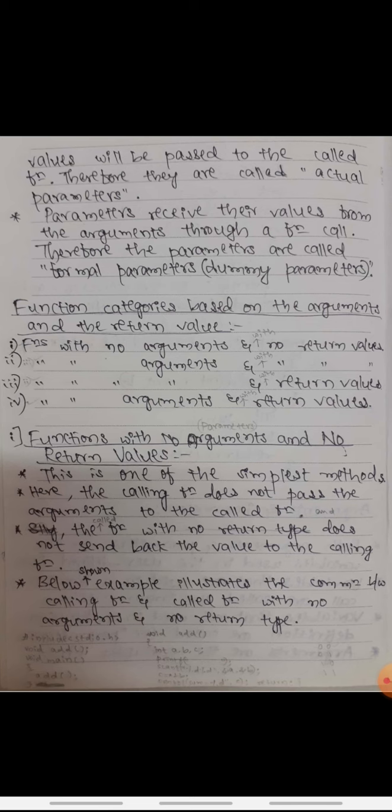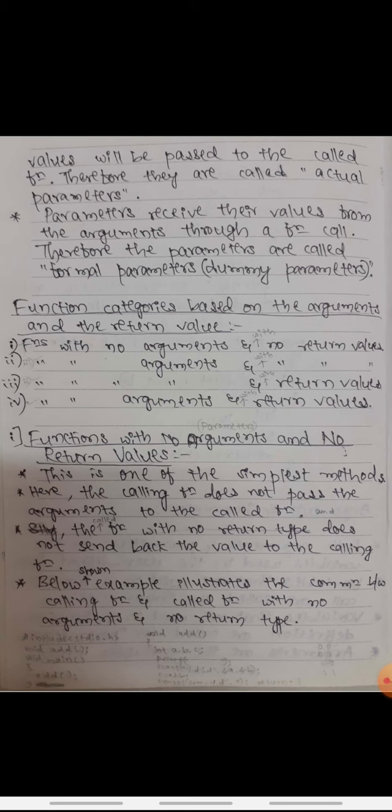Since our topic is functions with no arguments and no return values, you understood clearly: no arguments in the function call statement, and there is no return value. So the function declaration statement contains the return type as void instead of int or any other data type.